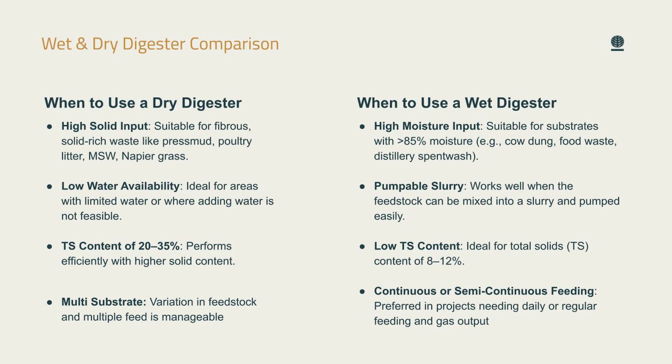When the solids are high, more than 20-25%, like press mud, poultry litter, Napier grass, it is very well suited. However, a wet digester is more suited for spent wash or any diluted feed. If you want to dilute and use it, then it can be used. But again, the disadvantage of extra water is there.